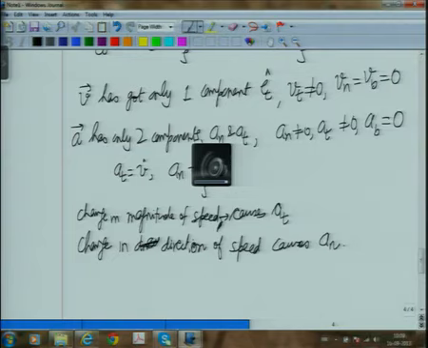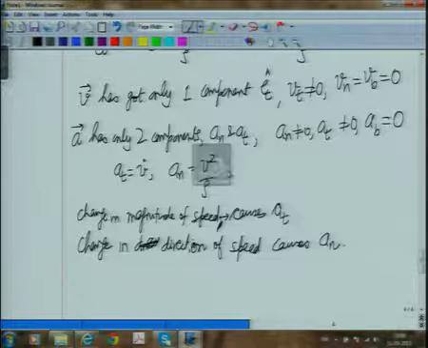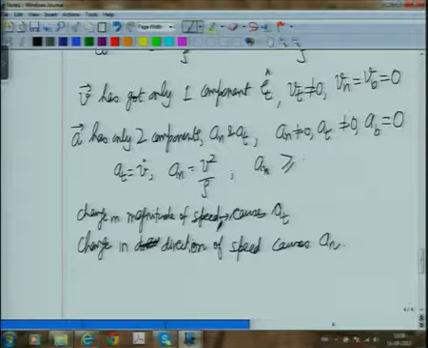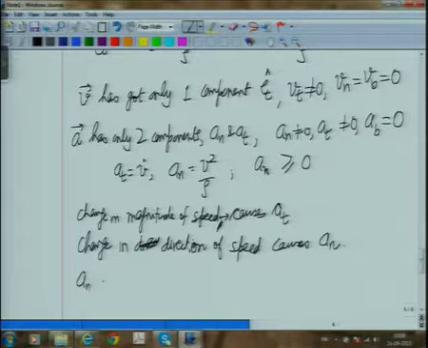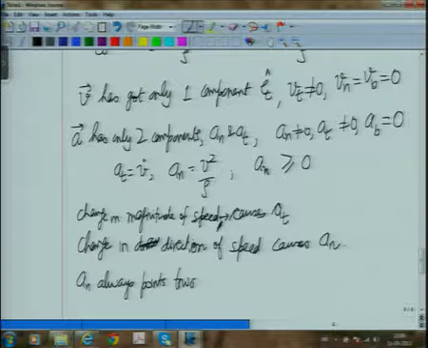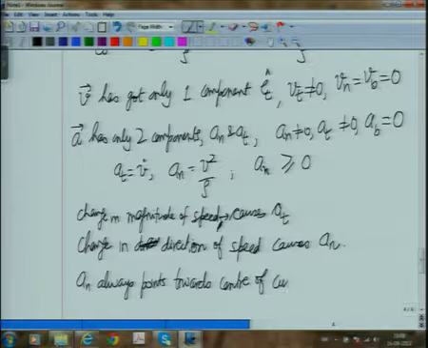And the other thing we realize from this formula is that An has to be greater than or equal to 0. So that means An always points towards the center of curvature.